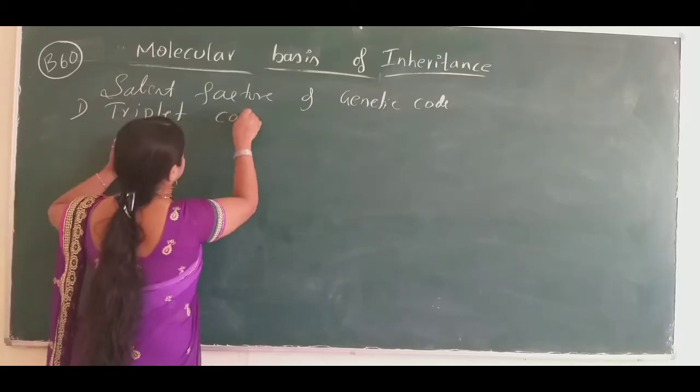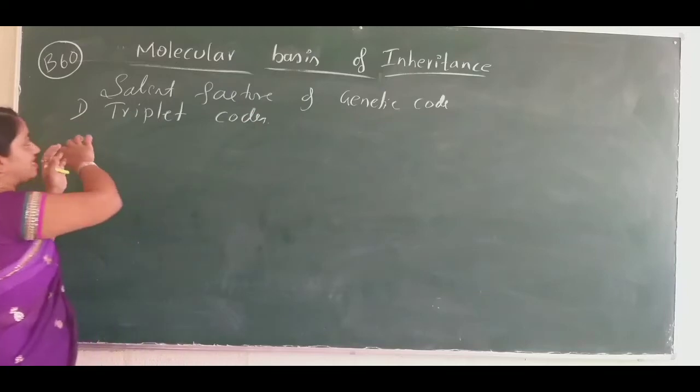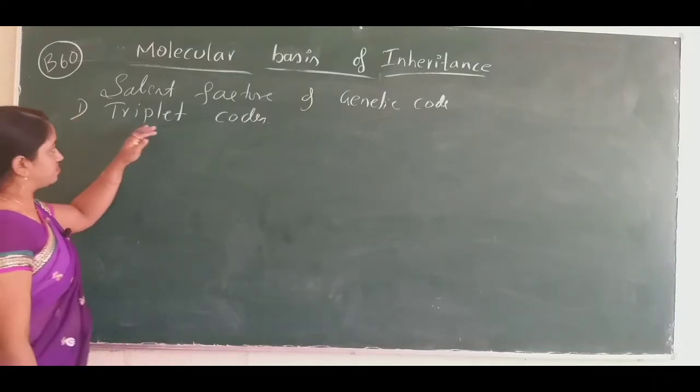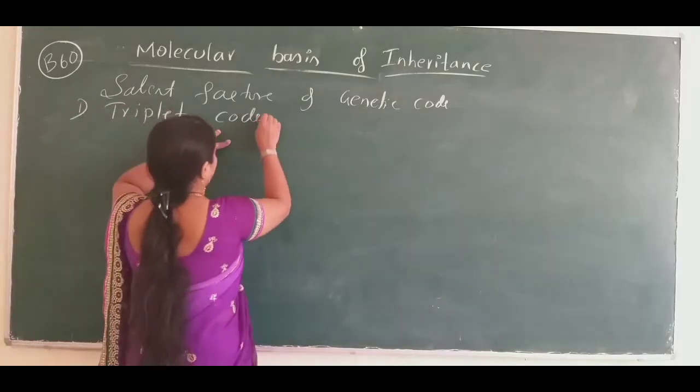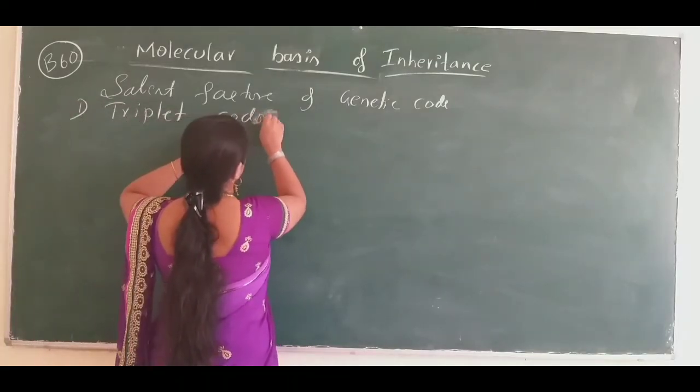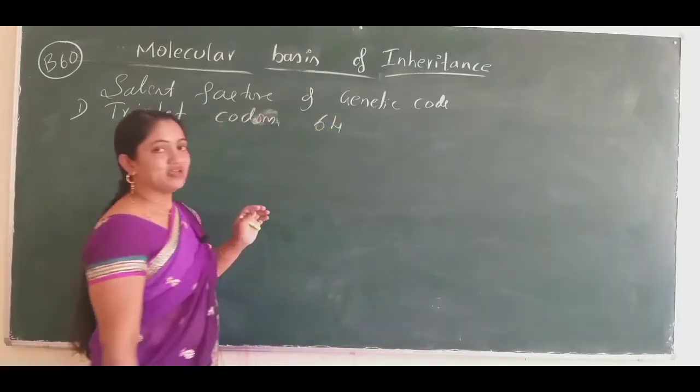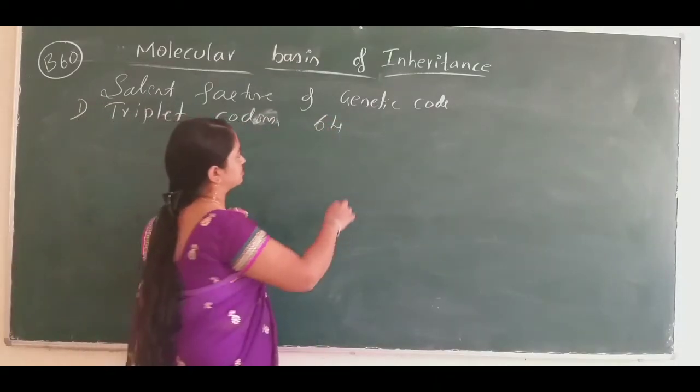triplets. Always they will be in a triplet form. That's why it is known as triplet codons. And how many genetic codons are there? 64 genetic codons are there.